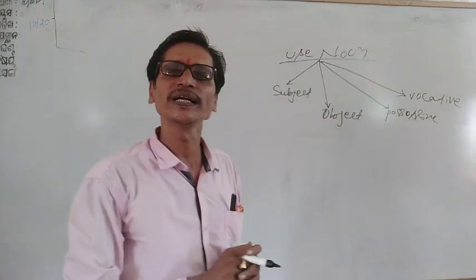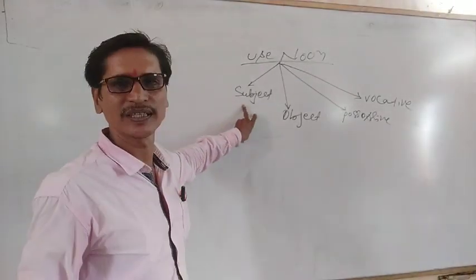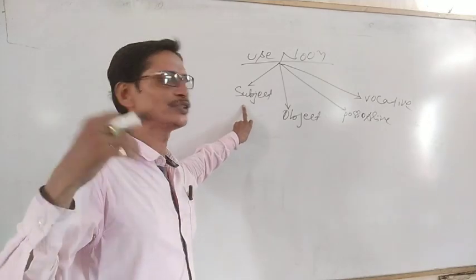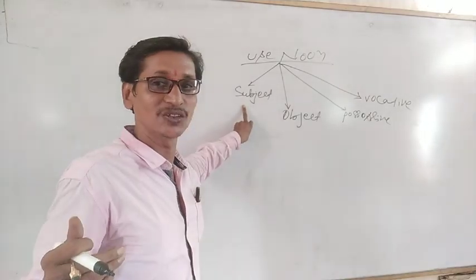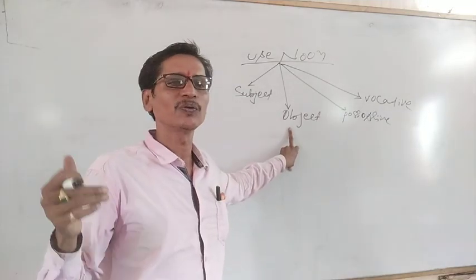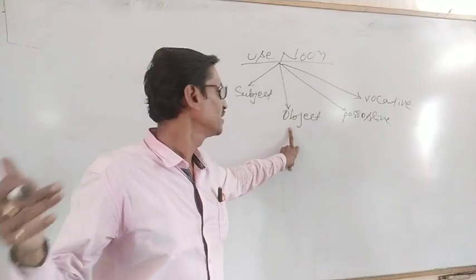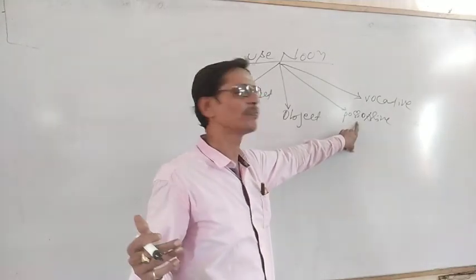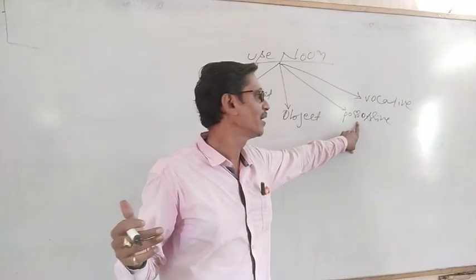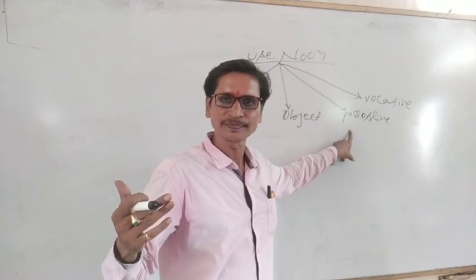We have also discussed briefly how it is used as a subject. While it is used as a subject, it is nominative. While it is used as an object, it is dative and accusative. Similarly, when we discussed the possessive case, we understood how we express the ownership of the noun.